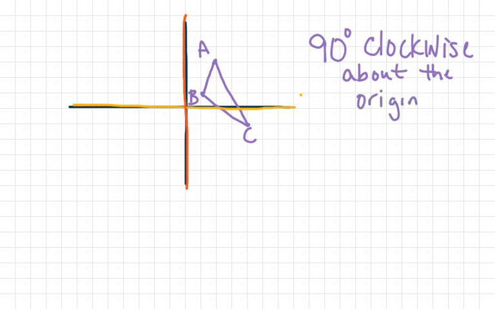what we're going to do is we are going to switch or turn the axes 90 degrees clockwise. So if I turn this 90 degrees clockwise, that means the red becomes the yellow and the yellow becomes the red. So it will end up where the yellow is here and the red is here.